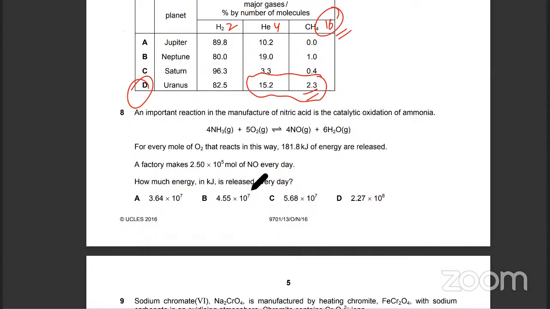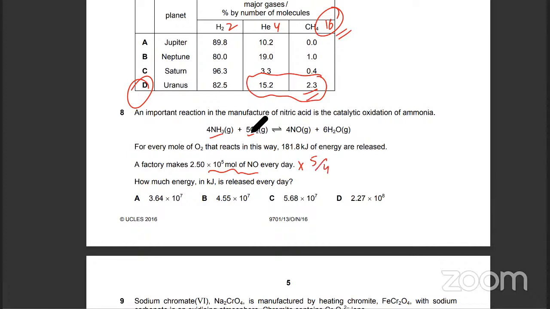Then how much energy is released per day, every day. He's saying the factory makes this many moles, for every mole of O2. First you have to figure out the moles of O2. You know the moles of NH3, so the ratio 4:5. Multiply this by 5, divide this by 4, and you'll find the moles of O2.